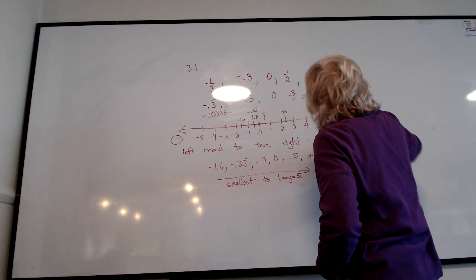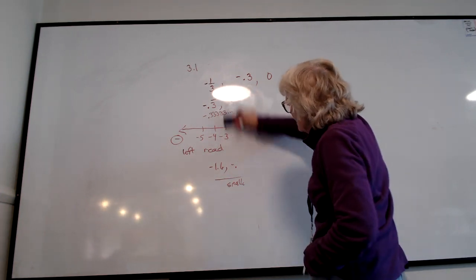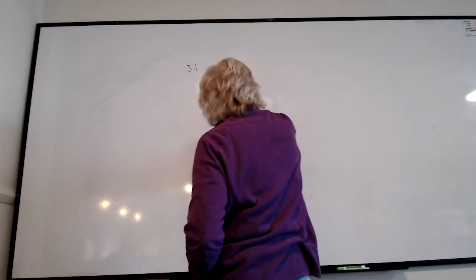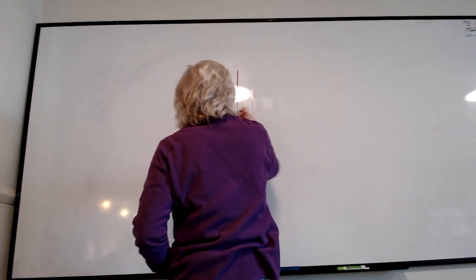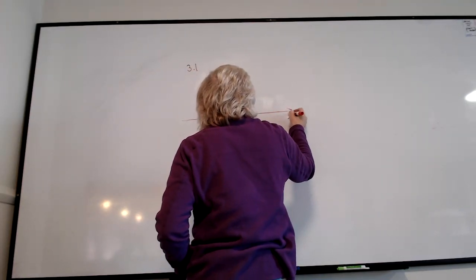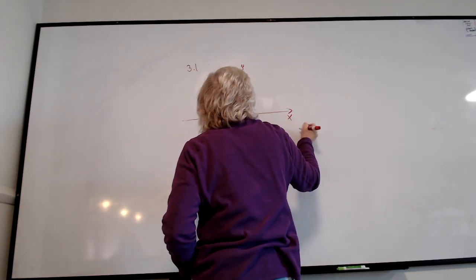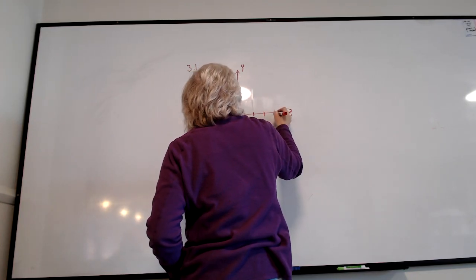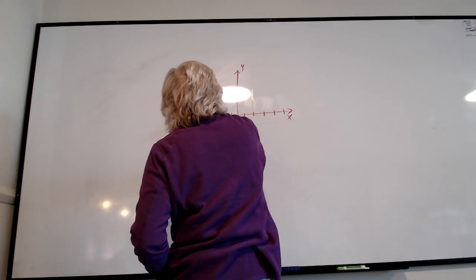So the next thing we're going to do is look at how we would graph these on an XY coordinate plane. Okay, so if we looked at our XY coordinate plane, X is always horizontal, and I'm going to just do it by ones here on the X-axis.